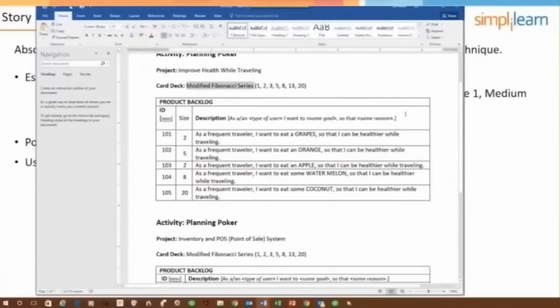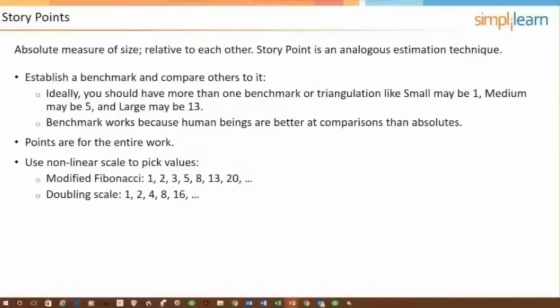What we do in Scrum and Agile, if we're using story points, is use a non-linear scale for the values. Down at the bottom here, there's the modified Fibonacci sequence. The way the Fibonacci sequence works, by the way, is each value is the sum of the two on the right.